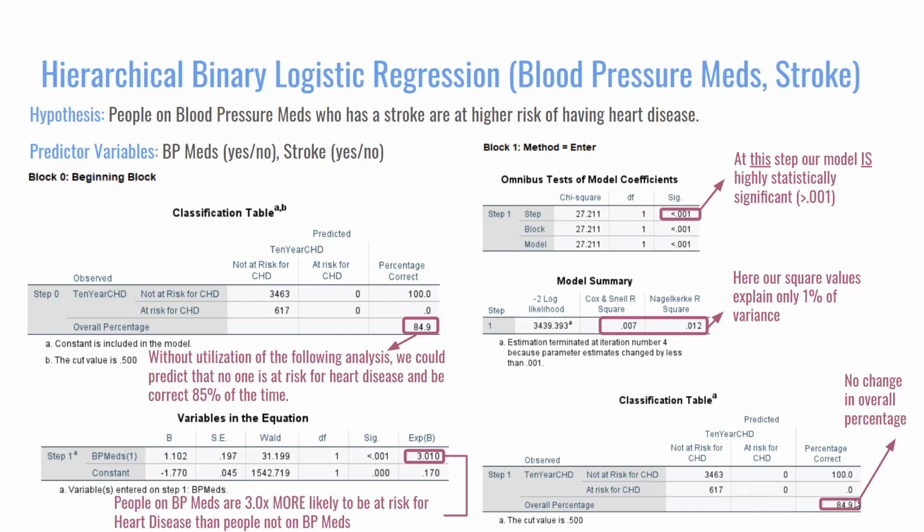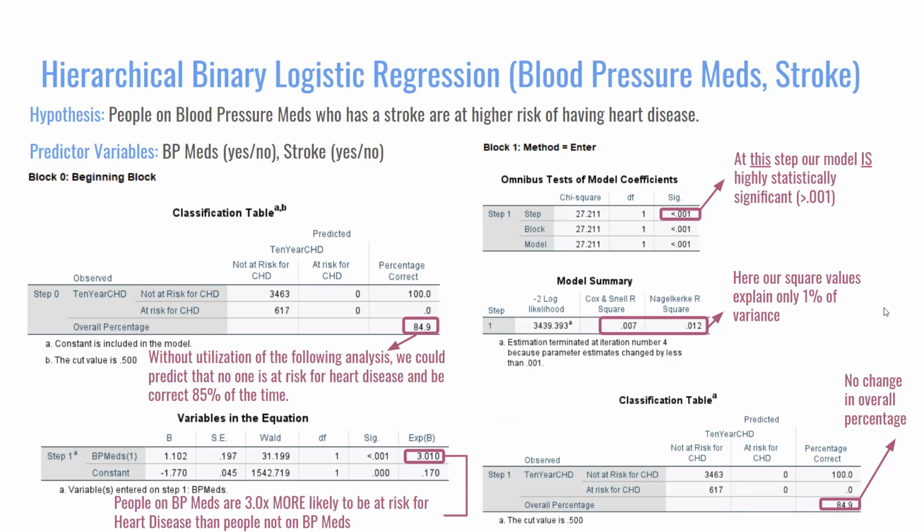It is actually not changed for our whole 4 of the analysis that we have done. So I'm also confused about this one. And for this one, people on BP meds are 3 times more likely to be at risk for heart disease than people not on BP meds, because it was showing 3.010.